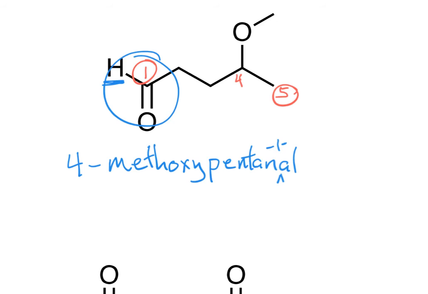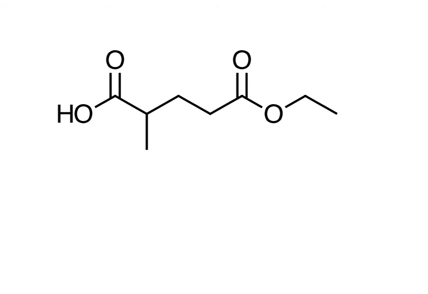If you're ever confused if you should put the number 1, just put it in. I think that's the best practice. Always put the number location for all functional groups. Don't think, oh, this is on carbon number 1, so I don't need it. I would put it in. It's only for things like maybe carboxylic acids or esters that you can kind of get away without putting the 1, because those are very high priority functional groups, and 99% of the time they're going to begin the chain of the molecule.